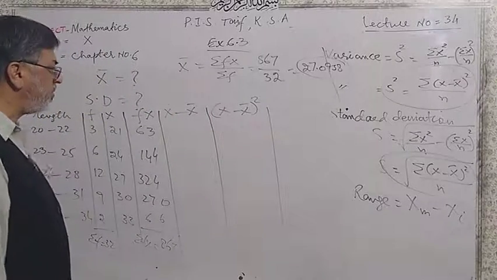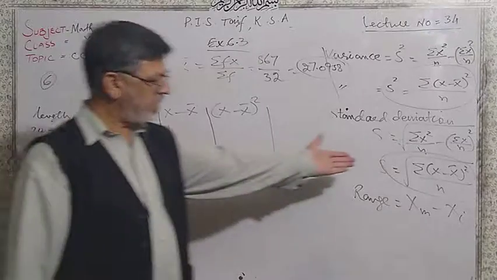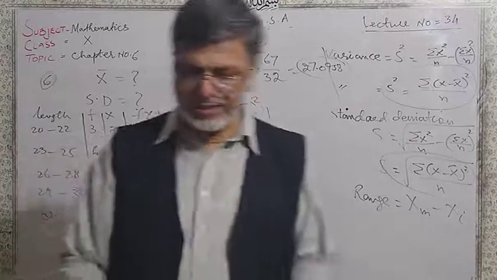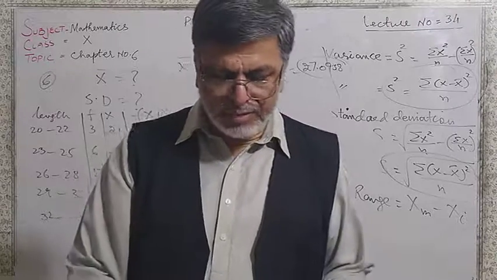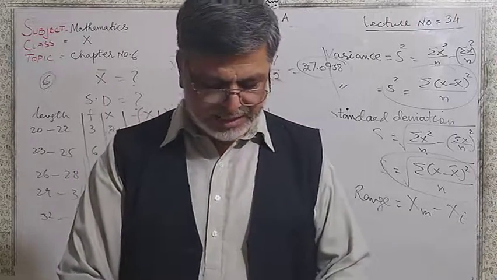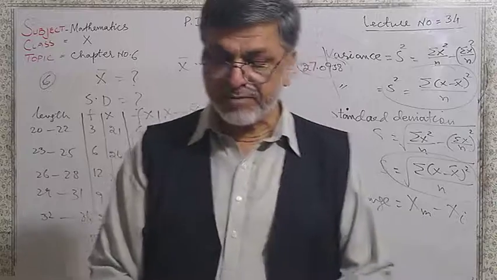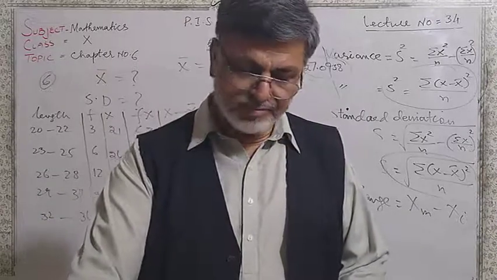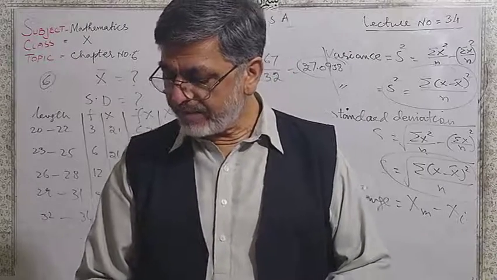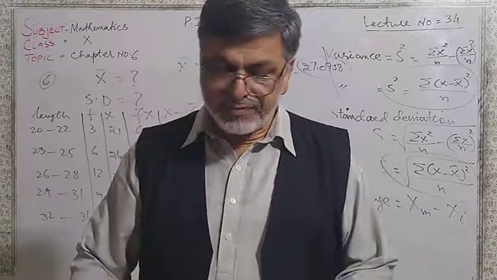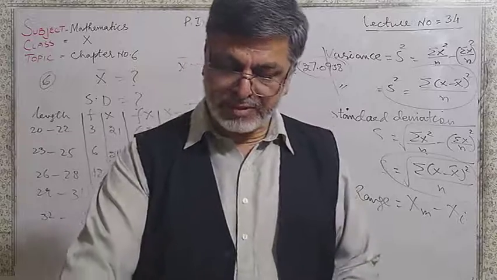Then you can add them and apply this formula to find the standard deviation. I hope that you can complete this question exactly according to the previous questions. Dear students, along with that, we have finished our chapter number 6.